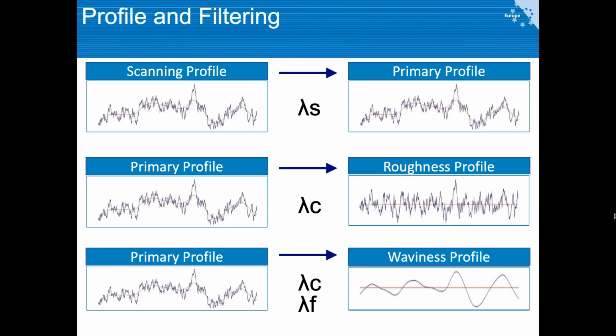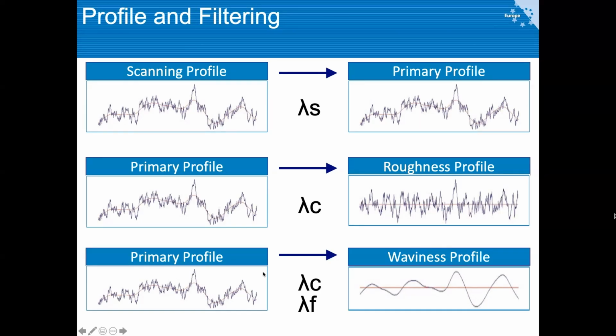While in the different cases when you apply these lambda C, also known as cutoff filters, this is where you can achieve the roughness profile. So basically, if you want to remove this red line curve, which shows the waviness of the profile, because you're not interested in that and you only want to see these micro oscillations, then you use lambda C and tell the software I only want to see the roughness profile, and in the end you will get a profile like this, and you can easily see this is not exactly the same as this.